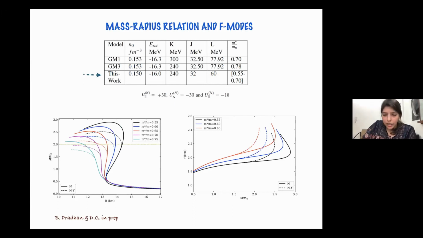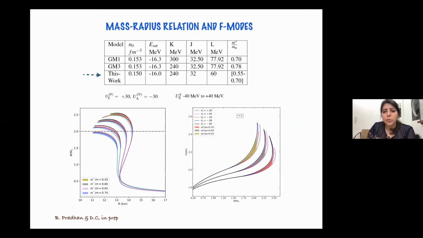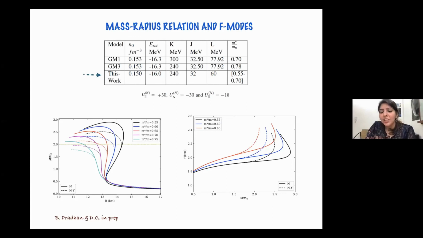You can see that it's not basically the hyperon potentials which tell you the difference, but okay, maybe this figure is better. Here you can see that the bold lines are from the nucleonic case and the dashed lines are from the hyperonic case. The uncertainty in the potential depth does not matter much, but of course the presence of hyperons definitely softens the equation of state and changes the relation between the frequency and the mass.